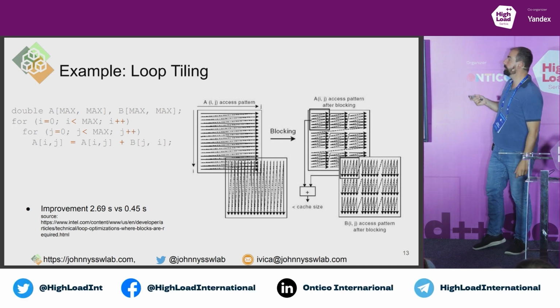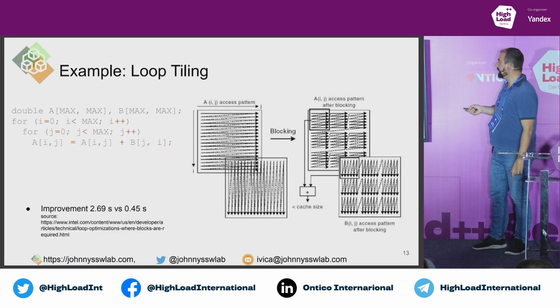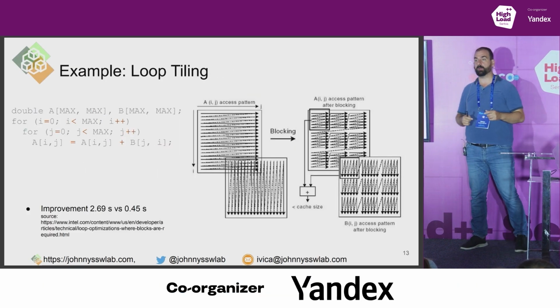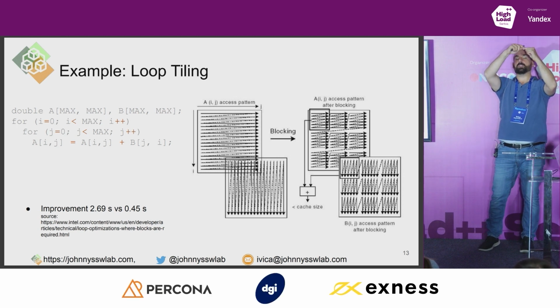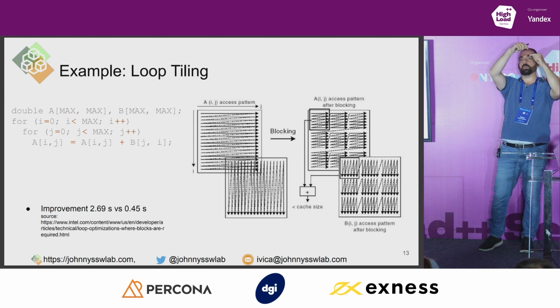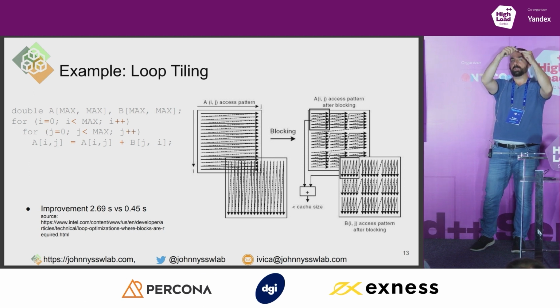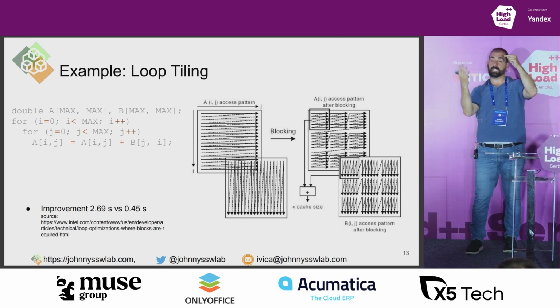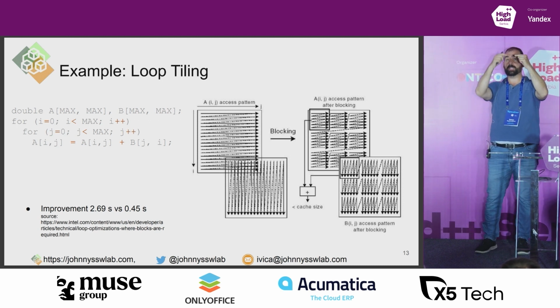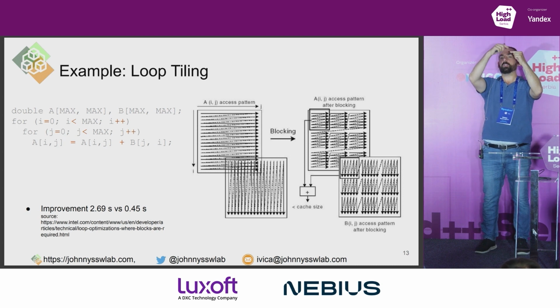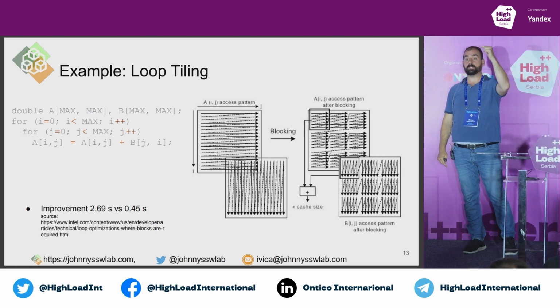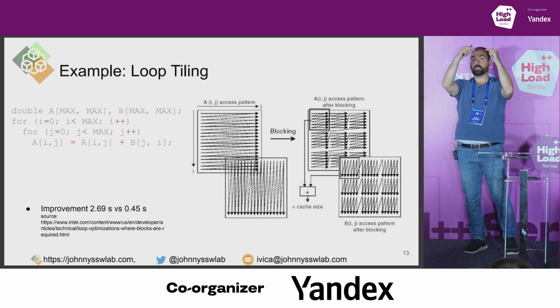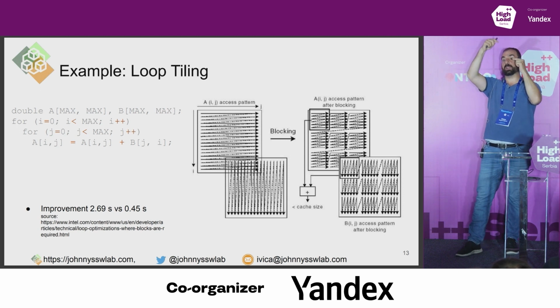Now the question is, why is it more efficient? What is the problem with the column access? When you access row 0, column 0, then row 1, row 2, row 3, you get row 0, but because data is brought in from the cache line, you also get free access to column 1, column 2, and column 3.